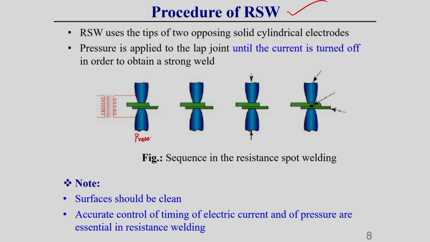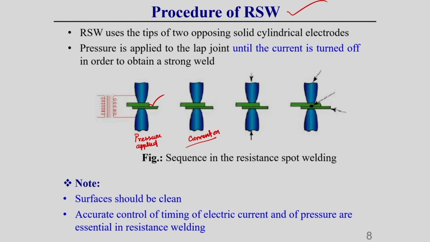First we need to apply pressure to make a close contact between the two workpieces. After that, once there is sufficiently close contact, we have to pass the current through the electrodes. That is the next step, called current on. So first pressure is applied, then current on.